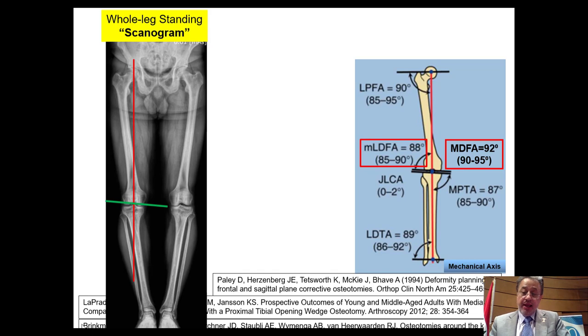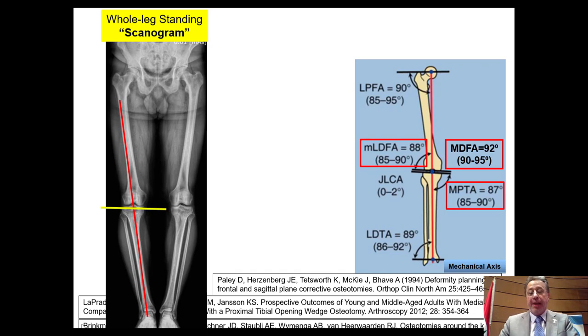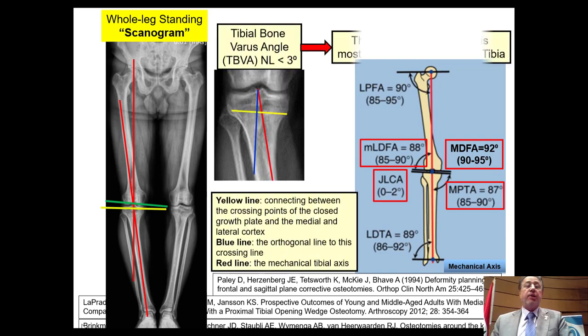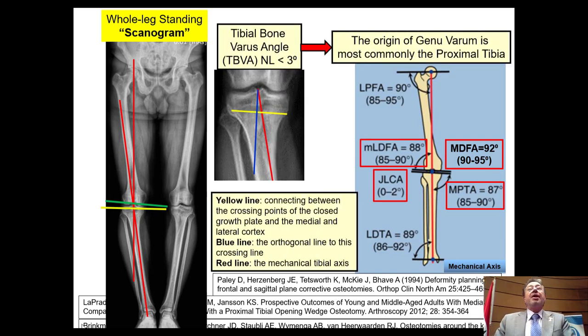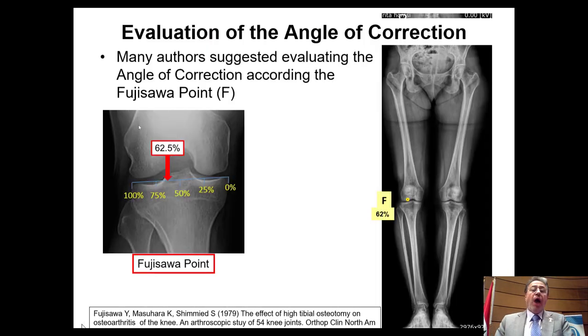In addition, we should measure the mechanical medial proximal tibial angle and the joint line convergence angle, and assess the tibial bone varus angle, as most of the malalignments are in the proximal tibia.